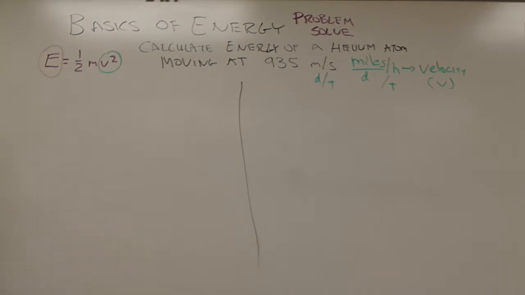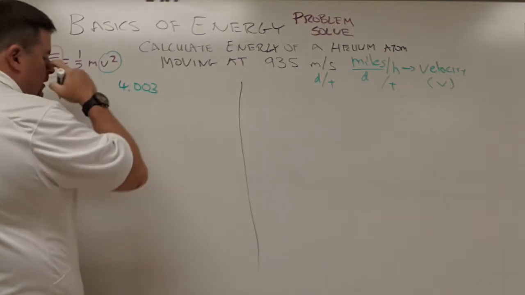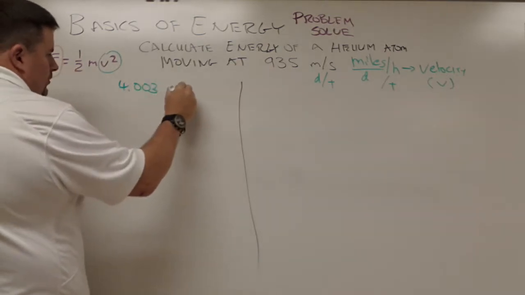Unfortunately, I've been told what my atom is, and my atom is a helium atom. You can look at the mass of a helium atom and find out that the mass of a helium atom is 4.003 AMU.